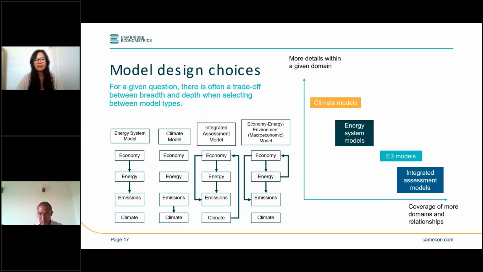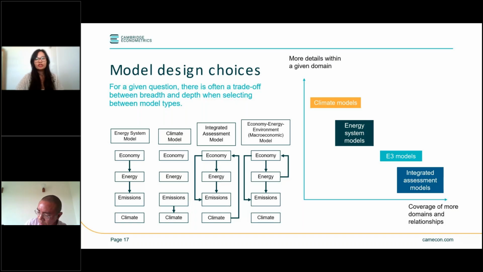In a similar vein, an integrated assessment model would be very appropriate if we want to explore questions related to the optimal pathway of achieving a temperature target, but perhaps less so if we want to understand how very specific sector policies may act as enablers or barriers to the transition.